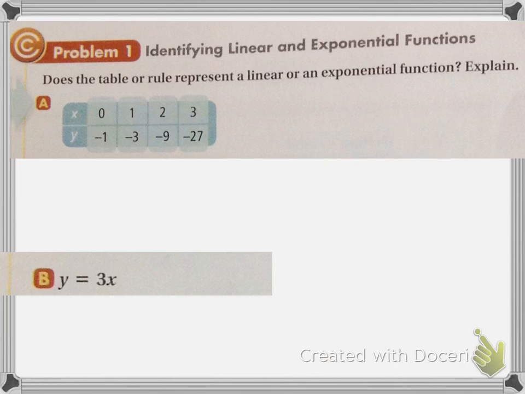Okay? So, example 1, we're going to identify linear and exponential functions. We're going to tell which is which. Okay, so we need to say whether it's linear or exponential. So how do we know if it's linear? How do we know if it's exponential? So linear functions have a common difference.